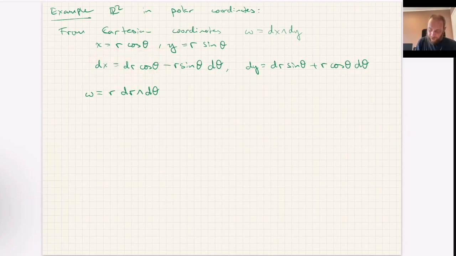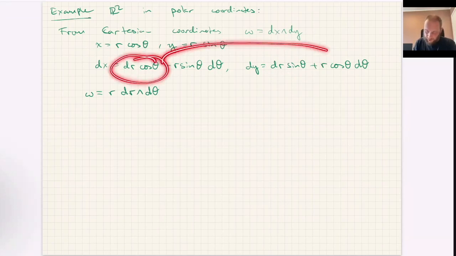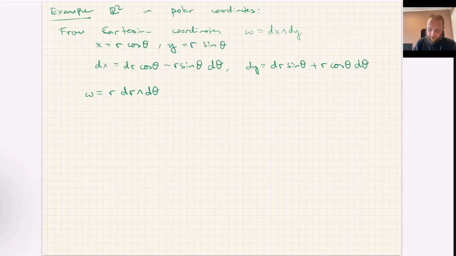This term wedged with that term is 0 because you have two dr's. This term wedged with that term, you have r cosine squared dr dθ. This term wedged with that term gives you minus r sine squared dθ wedge dr, but changing the order of the dθ and dr gives exactly this times the sine squared. And then you have cosine squared plus sine squared, which is 1. And you end up with that.